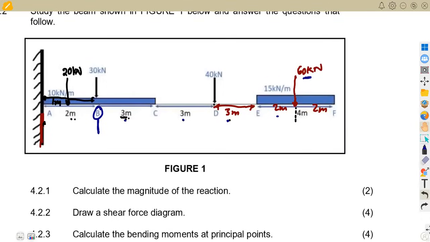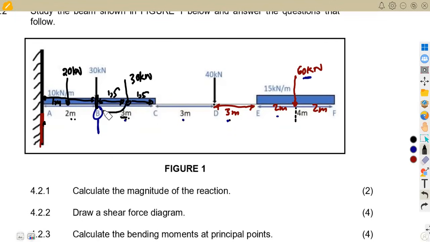All right, we move on back to B again. This is where we have our B here, and that is where we have our 30. But before that, there is a distributed load of 10 kilonewton over these 3 meters. So we are going to have this as 10 times 3, which is 30. So you're going to have 30 kilonewton from the distributed load over the distance of 3 meters. If you divide by 2, this will be 1,5.